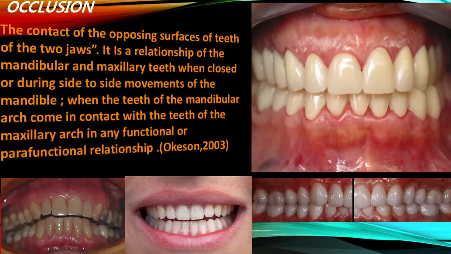Occlusion is the contact of opposing surfaces of the teeth of the two jaws. Any contact between opposing teeth we call occlusion. It is a relationship of the mandibular and maxillary teeth when closed or during side-to-side movement of the mandible, when the teeth of the mandibular arch come in contact with the teeth of the maxillary arch in any functional or parafunctional relationship.